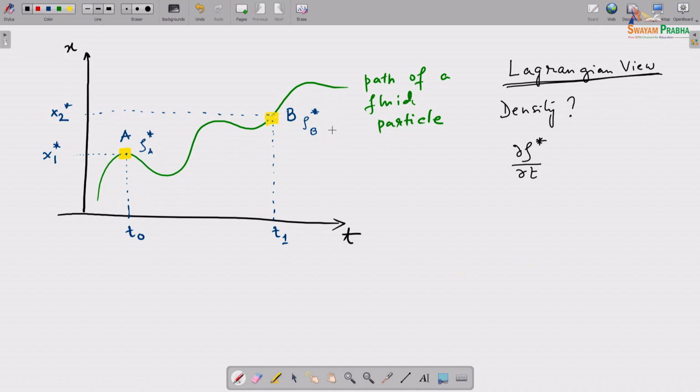So in the Lagrangian view, this is the rate of change of density, which I am writing like this.